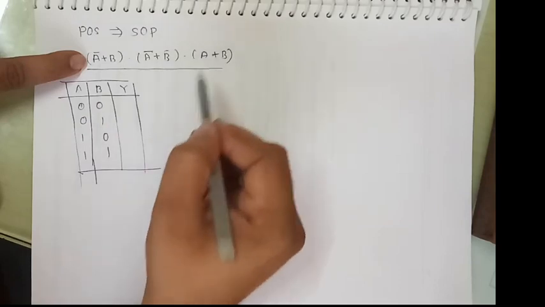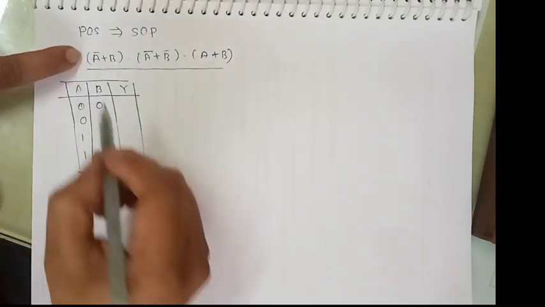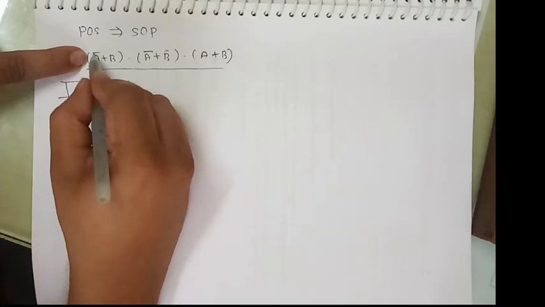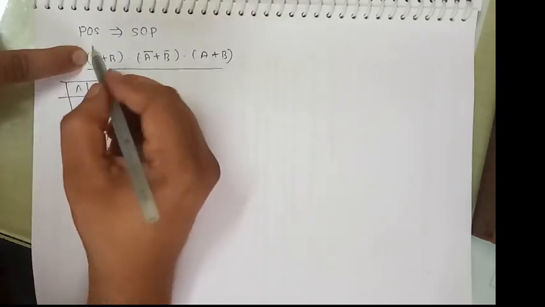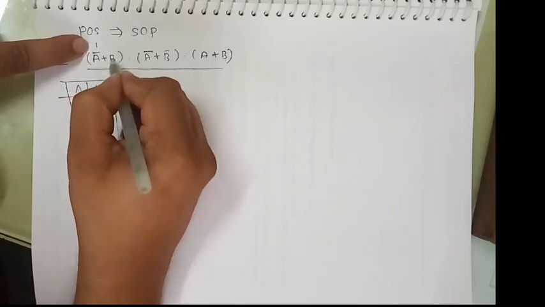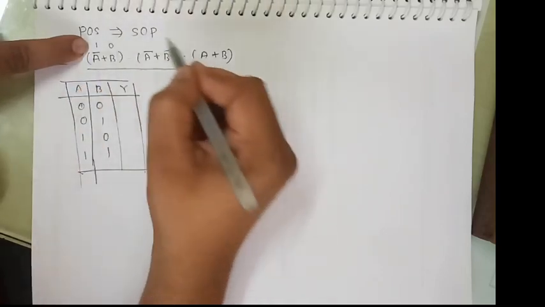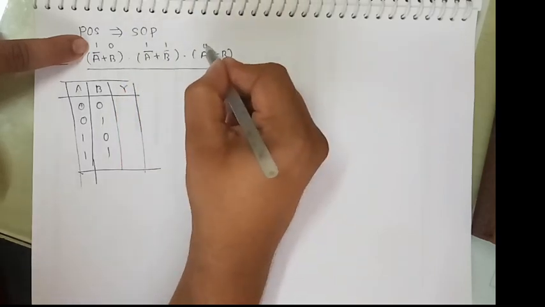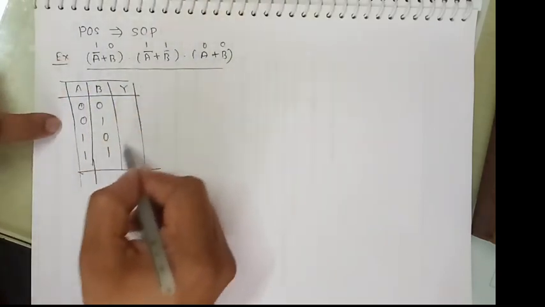Here A bar: for a POS equation, bar means the value is 1, and the original value, this is B, is 0. Here complement, complement; here original value, original value. So for these values we have to put the output Y equal to 0.